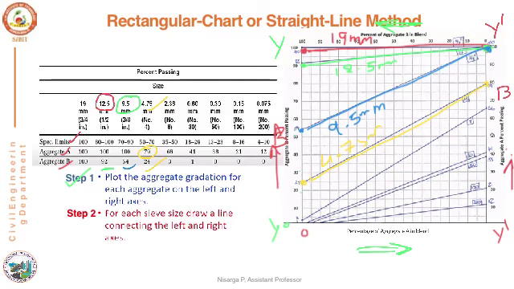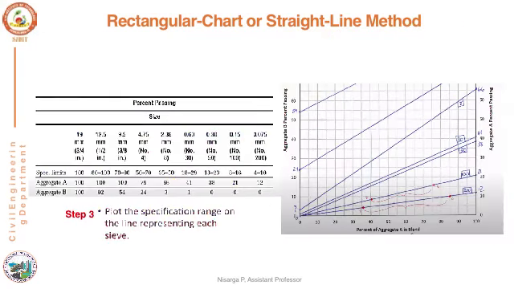For example, for the 0.075 mm sieve, the specification range is between 4 to 10. After obtaining the gradation lines for aggregate A and B, the next step is to mark the specification limits. So how do you plot the specification limit?